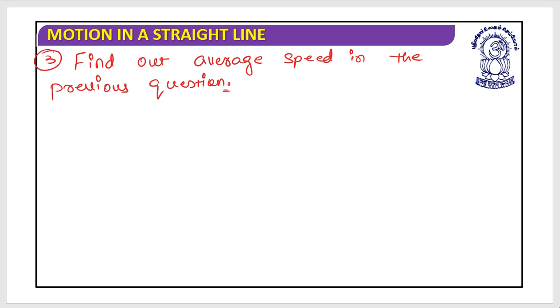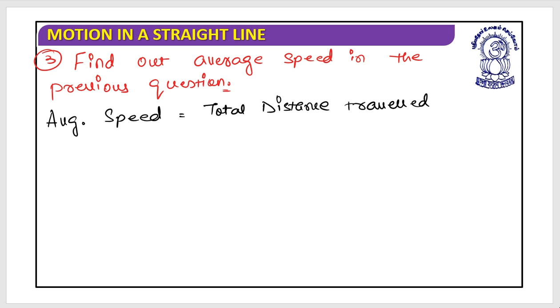How can you do it? First tell me what is the formula of average speed. Yes, average speed could be written as total distance traveled divided by total time taken.